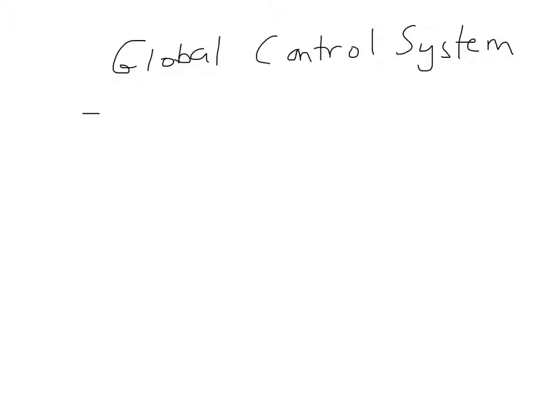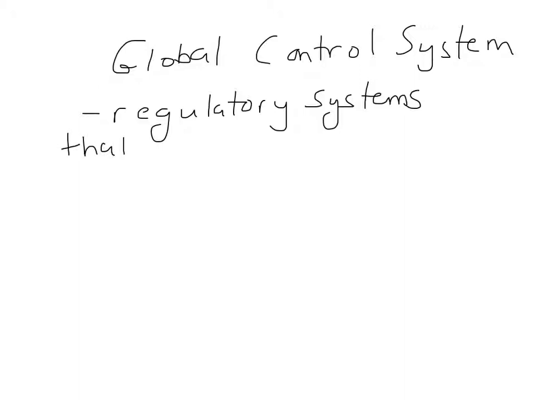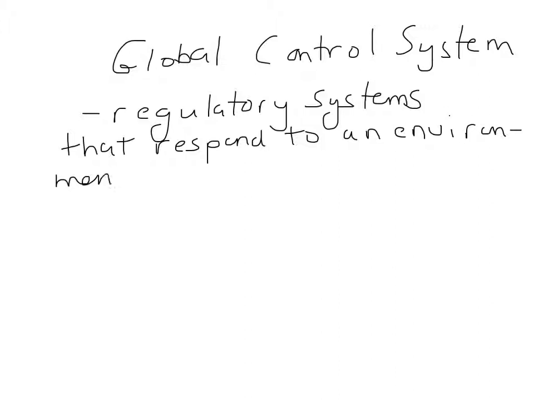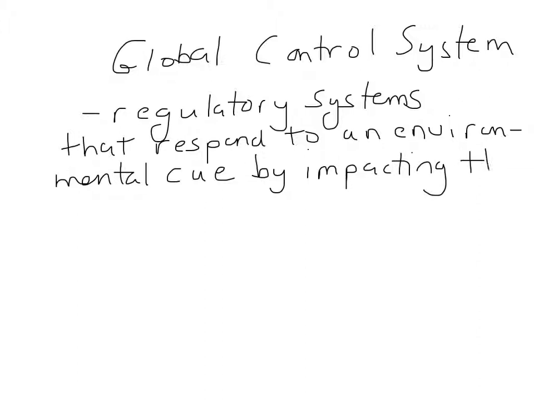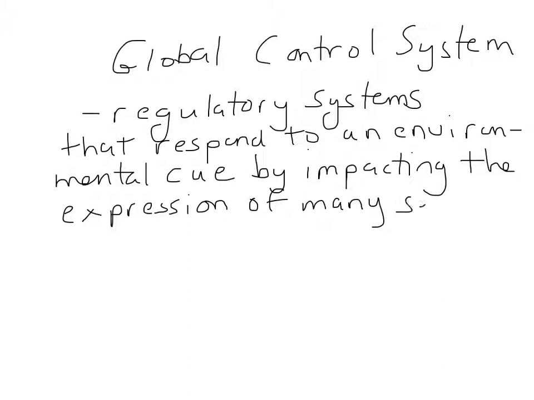Global control systems are regulatory systems that respond to an environmental cue by impacting the expression of many seemingly unrelated genes.